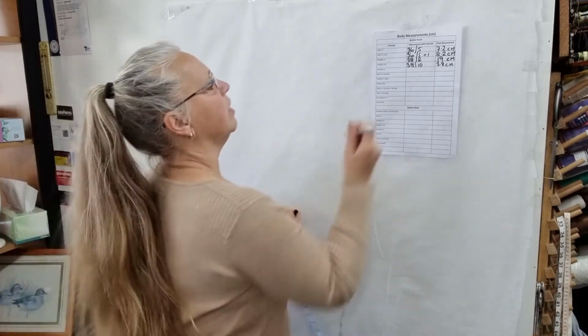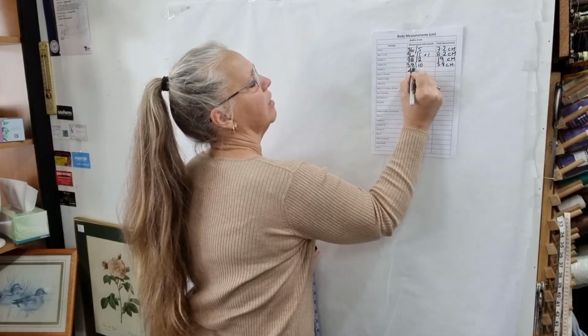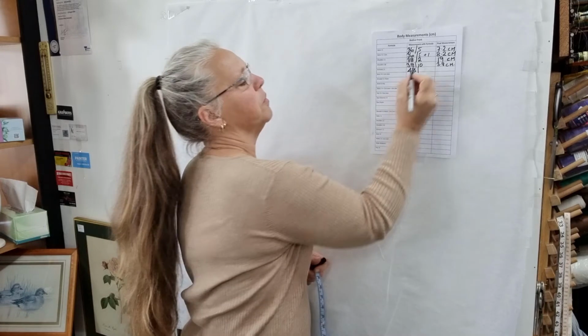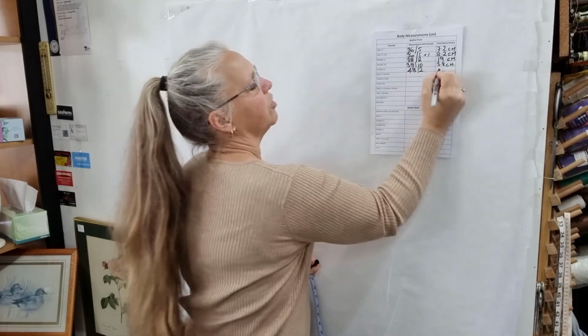If you have this too tight, your fabric's going to ride down and you just really won't be able to do much. So just make sure that you can actually move there. And that is 48 centimetres. So armhole is 48. Using the formula, we divide it by 2, which gives us 24.